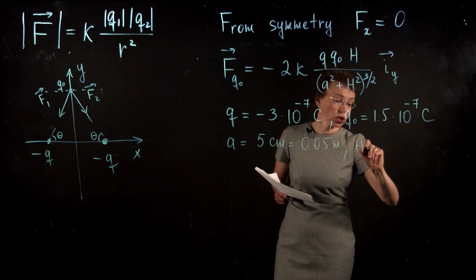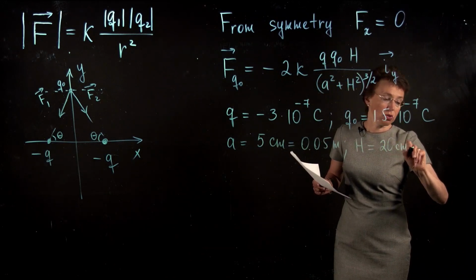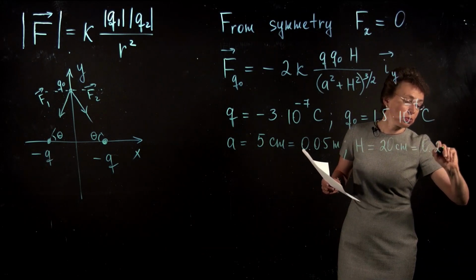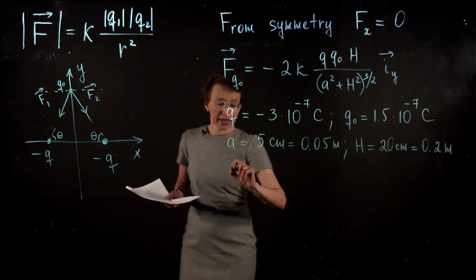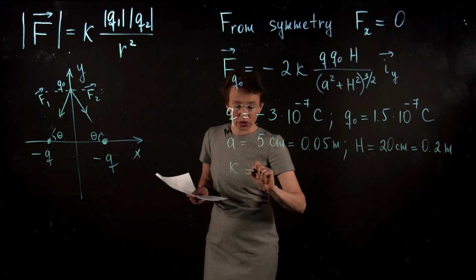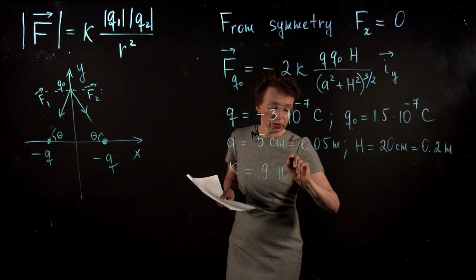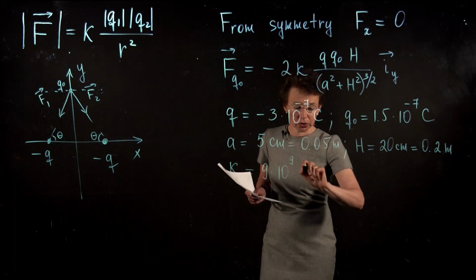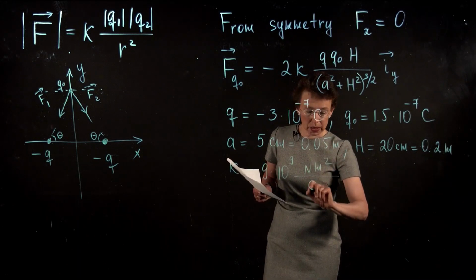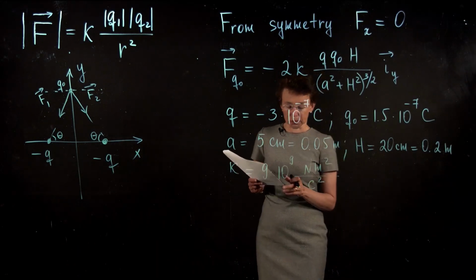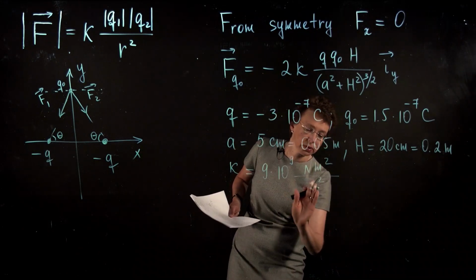And h is 20 centimeters, or 0.2 meters. And k is a constant, which is 9 times 10 to the 9th newton meters squared over coulomb squared.